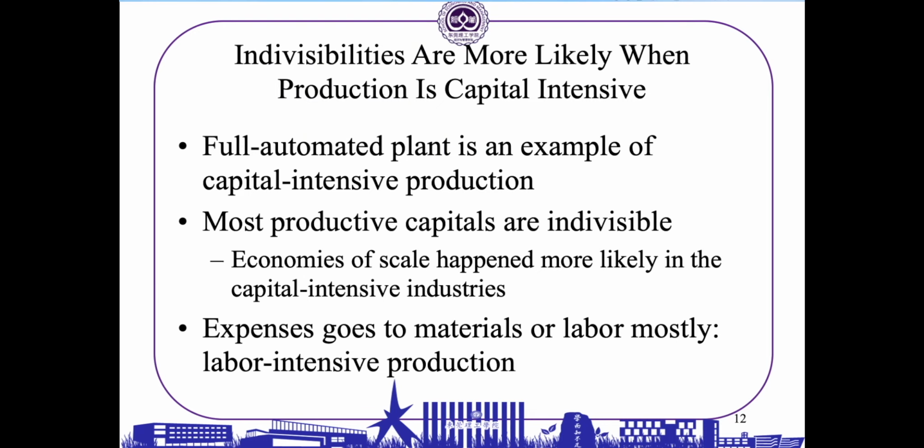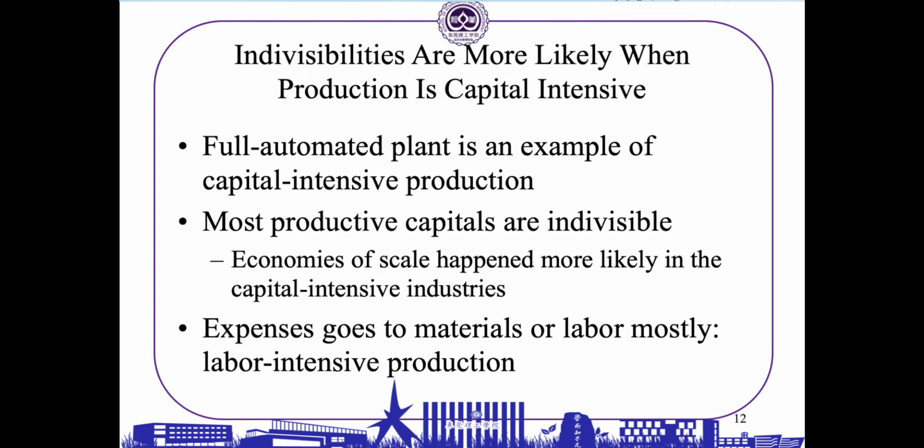The fully automated aluminum can production is an example of capital-intensive production. A production process is capital-intensive if the cost of productive capital, such as factories and assembly lines, represents a significant percentage of total cost. Most productive capital, such as machinery and computer servers, is indivisible.